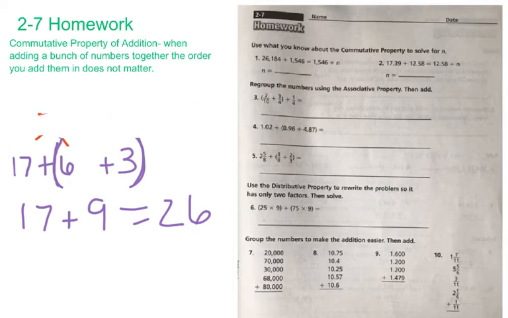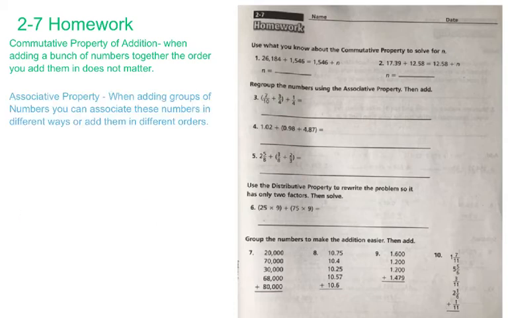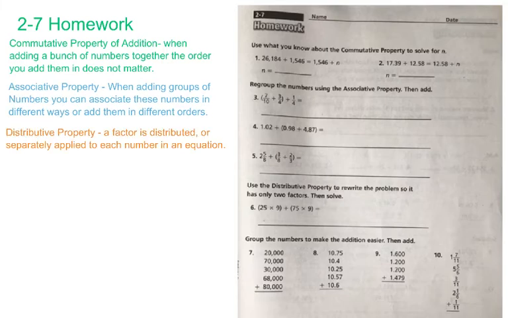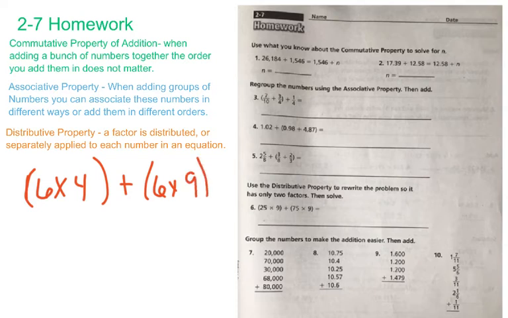Our next piece here talks about the distributive property. You will also hear it referred to as the distributive property over addition. We can take an equation such as 6 times 4 plus 6 times 9.